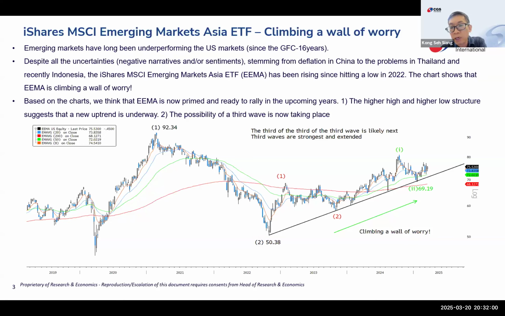Third waves is where all the big guns or big funds will start to come in, and if you take a look at this chart, we can see that some form of a third wave is in place. So potentially higher prices are likely, and it's going to be strong and possibly fast as well, going to come through in Asia.